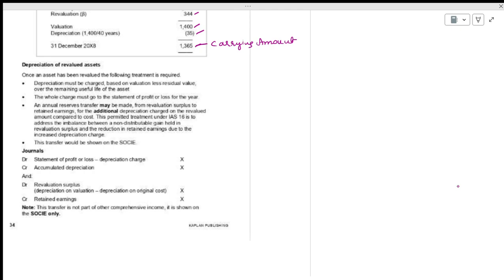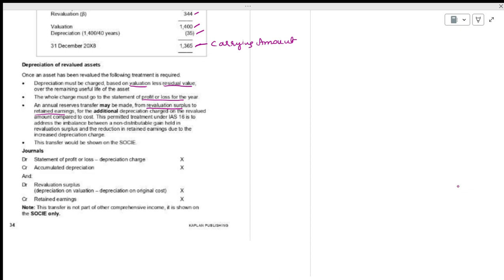Now see the things. What they say about depreciation: once the asset has been revalued, depreciation should be charged on the revaluation, less residual value if given, over the remaining life of the asset. The whole charge must be shown in the profit and loss account. An annual transfer may be made from revaluation surplus to retained earnings. The rule says that we should not pay dividends from this amount.